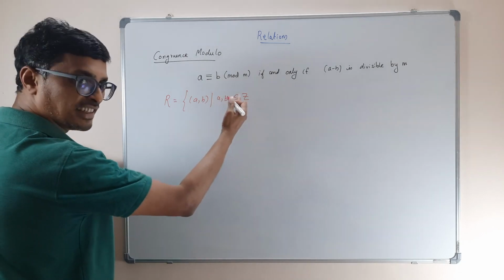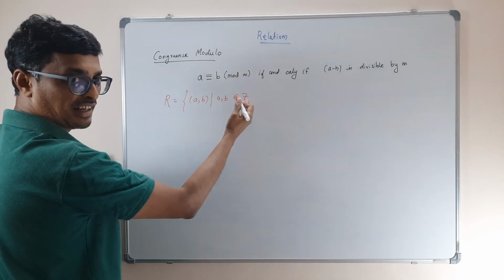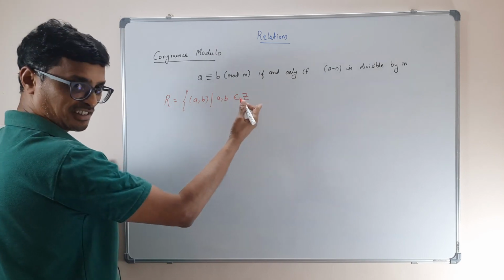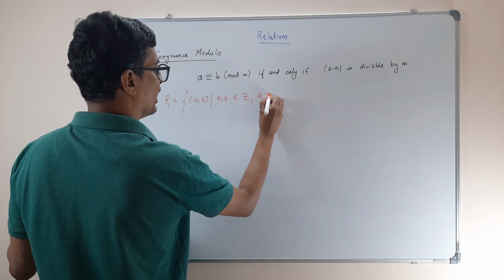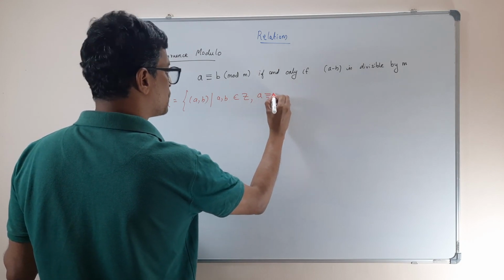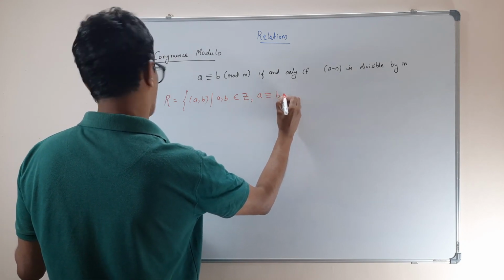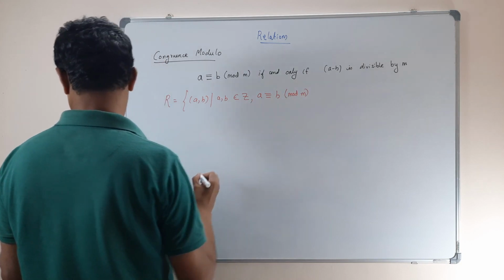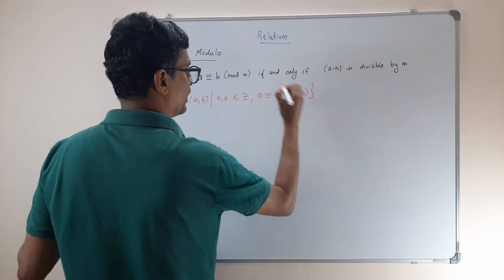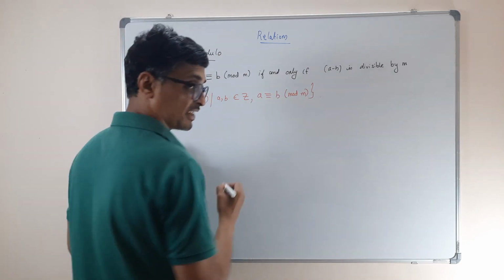See, from here I can say (a, b) is an element of Z. That means, of course, R is a binary relation. Okay, and a is congruent to b mod m. This is a relation R.